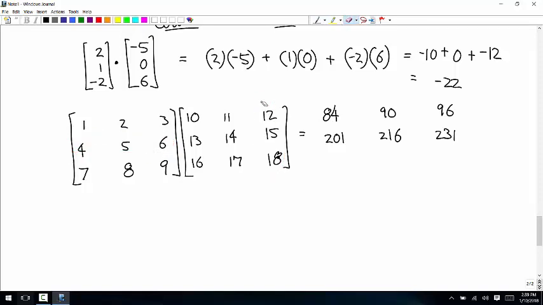And now we're on the third row of the output. So we're going to be using the third row of the first matrix the whole time. So we'll start with this dot product with the first column of the second matrix. And I think you get 318. At least that's what that guy in my neighborhood thinks.